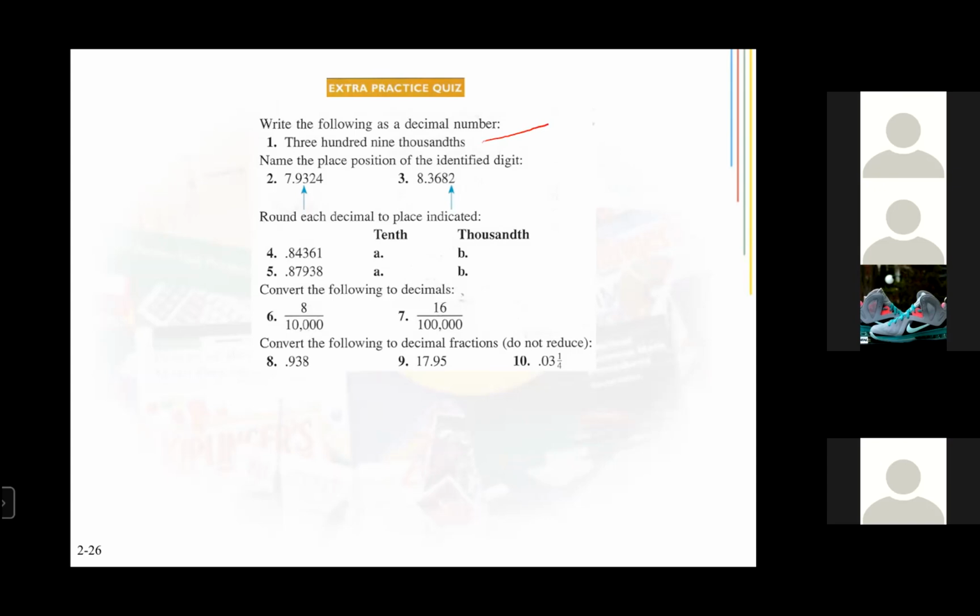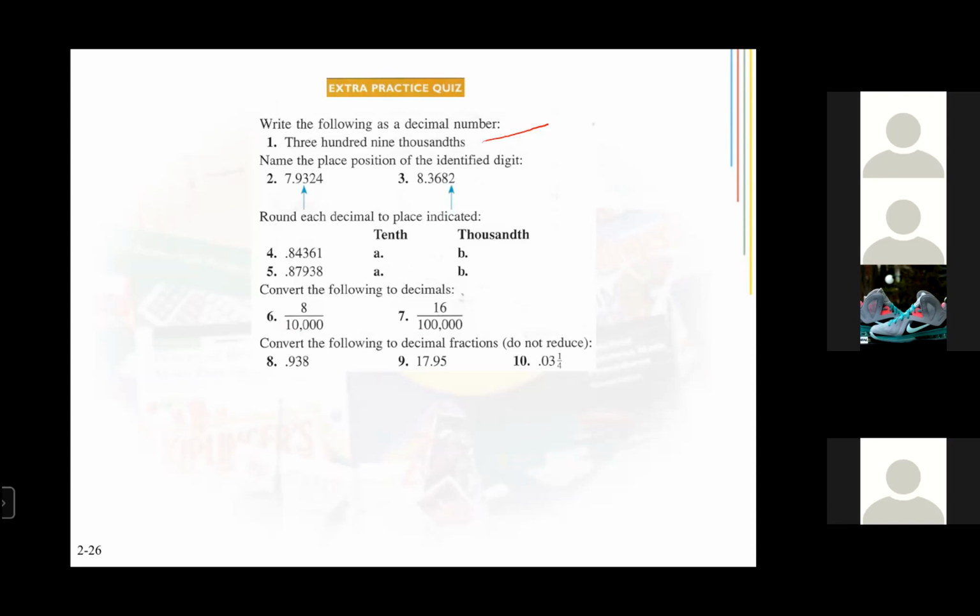Third place. So how are we going to write that? Let's write it as a fraction first.